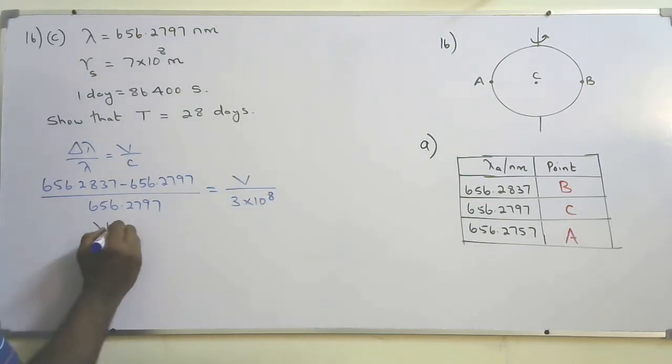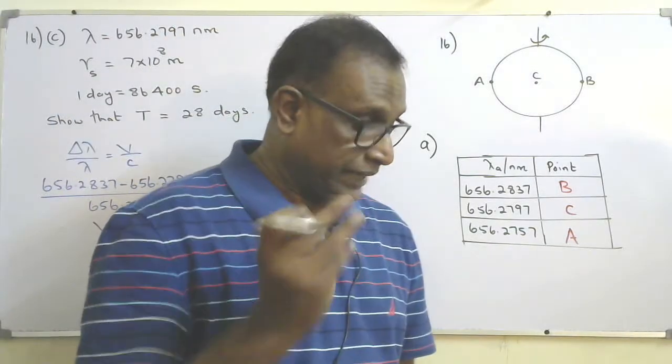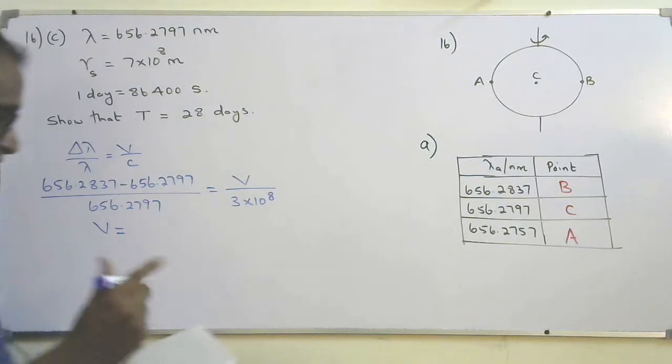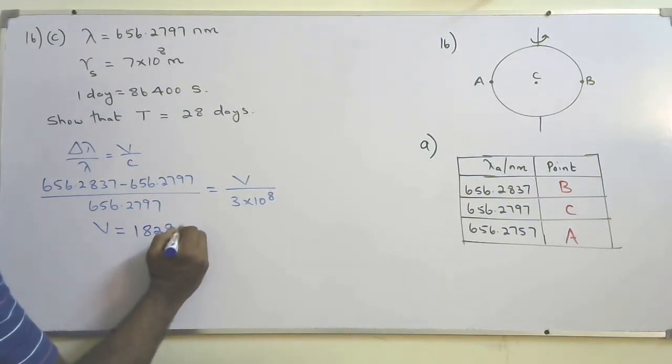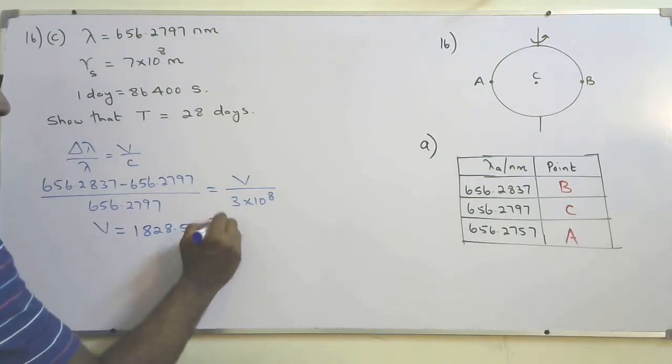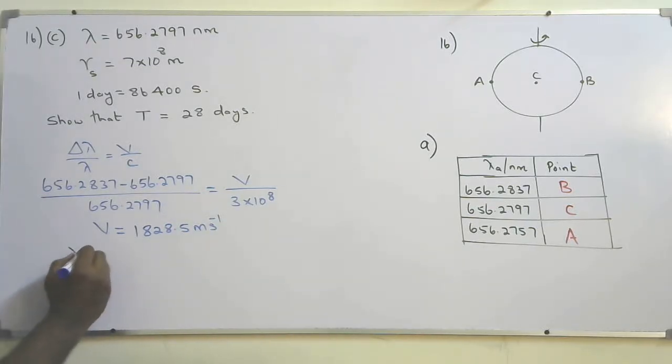Find the speed of the spin. So the linear speed will be 1828.5 meters per second. So we know that v equals r omega and omega equals 2 pi over T.